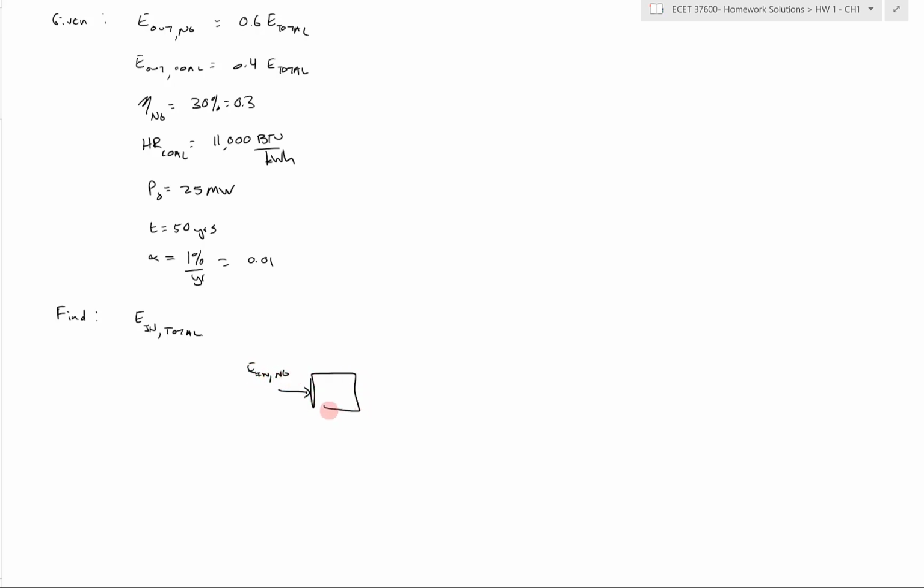It goes into the natural gas plant, which has some efficiency, and gives E out, that's electrical output energy. We've got another plant that's E in coal, that's the energy of the input coal. That plant's going to have some sort of efficiency rating. It's going to have its output.